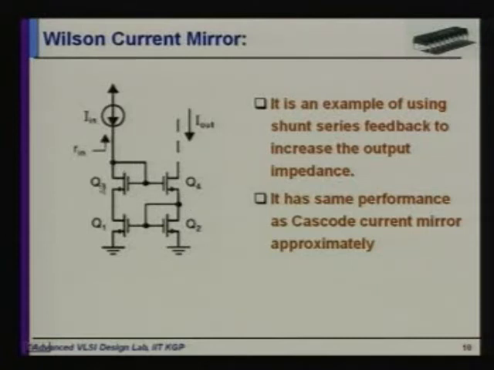And what is the problem with this? We have to find the output resistance of this particular Wilson current mirror. In the very primary stage, the Q3 transistor was not there, and the Wilson current mirror was developed by this circuit.